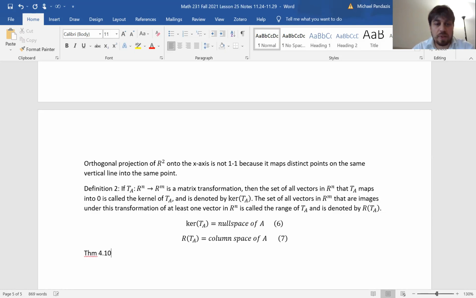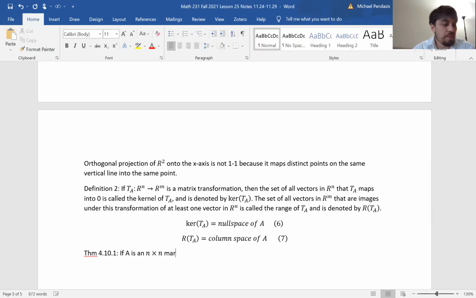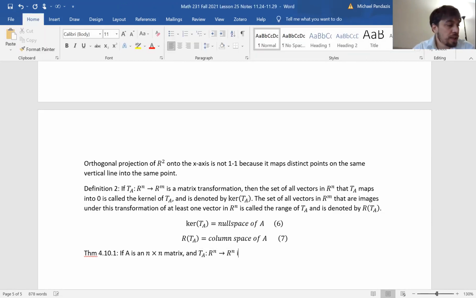Theorem 4.10.1. If A is an n by n matrix, and T sub A from Rn to Rn is the corresponding matrix operator, then the following are equivalent. A, capital A is invertible.